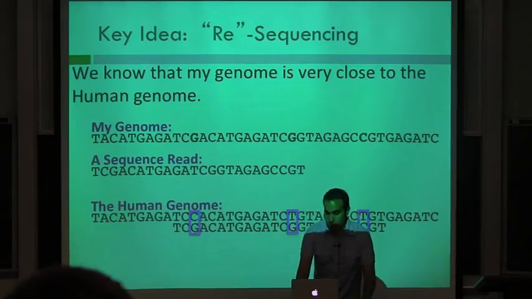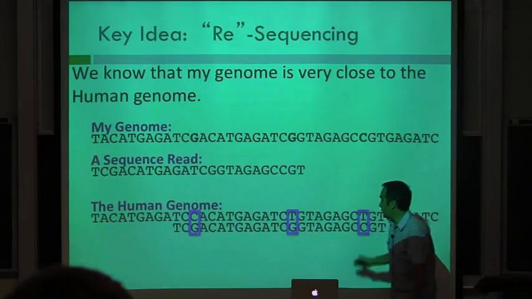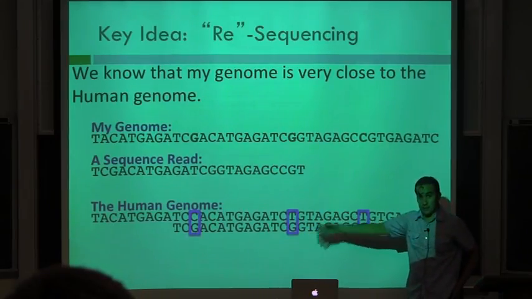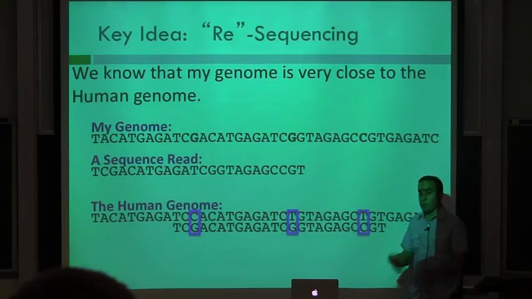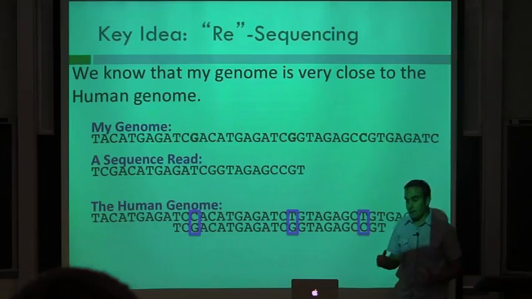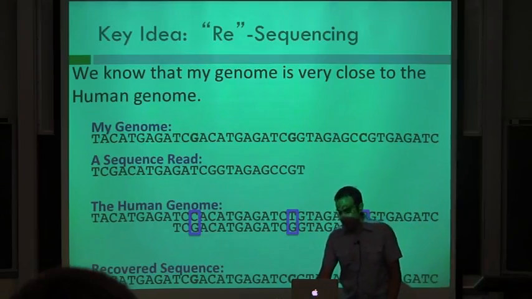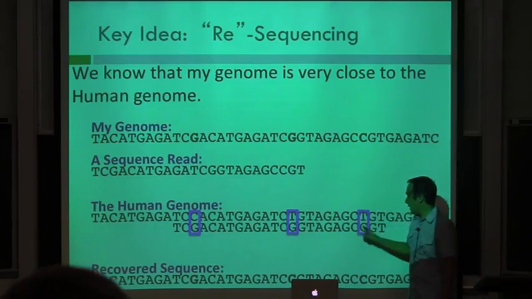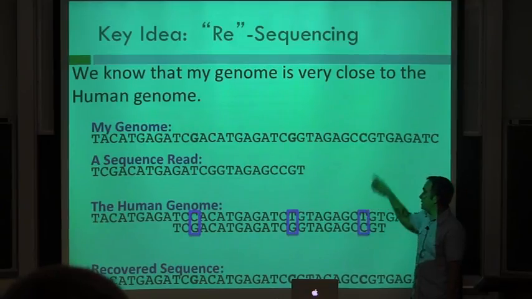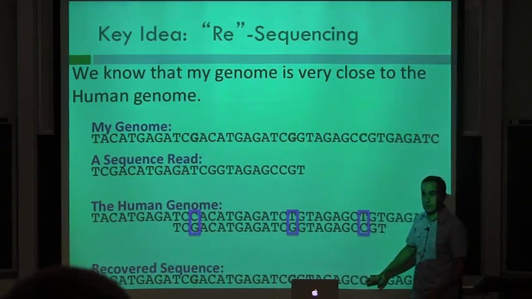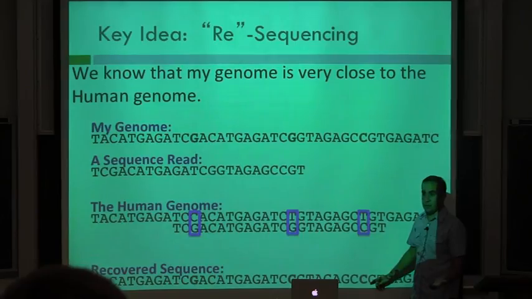So those are those three differences, and I just record them. I keep repeating this process, and every time I make a long list of all the differences. Then I take the human genome sequence and add these differences to it, and that's going to be what my genome is.